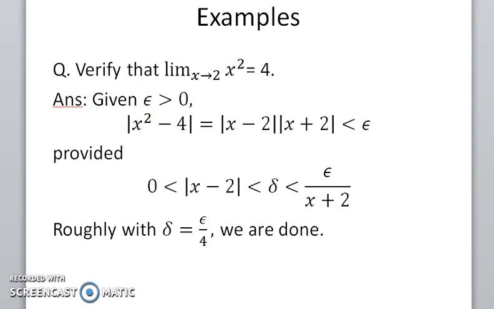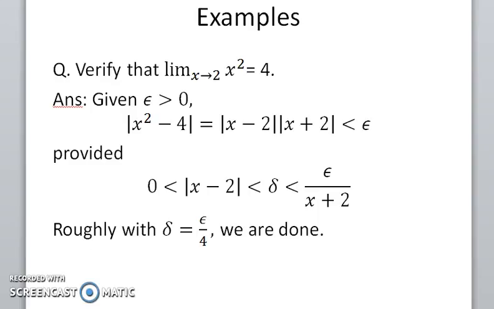A straightforward example: let us consider a function f of x equal to x square. We would like to find the limit of the function f of x equal to x square as x goes to 2. For some of us, we know that if x is 2, then 2 square is 4, and supposedly the limit should be 4.